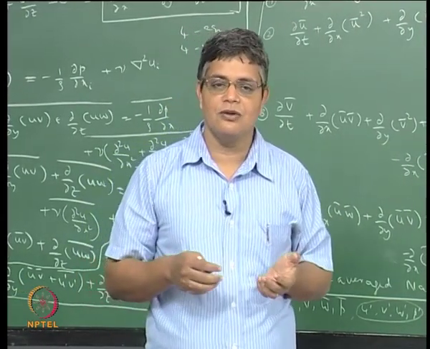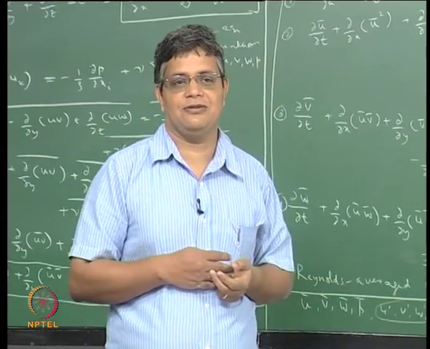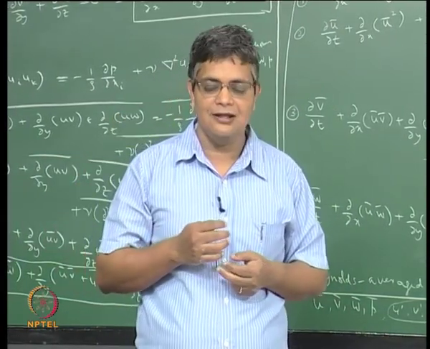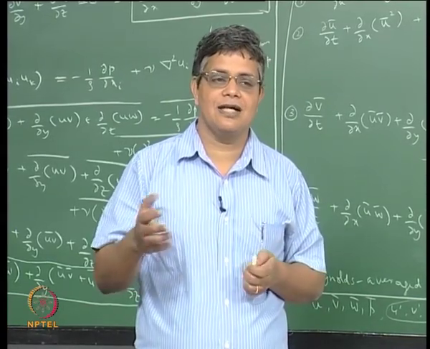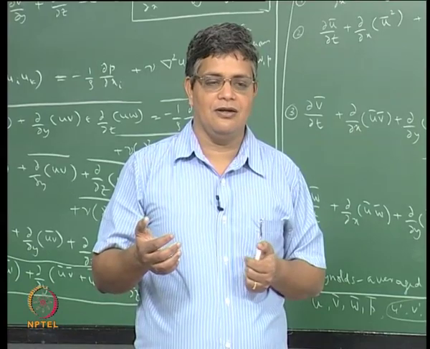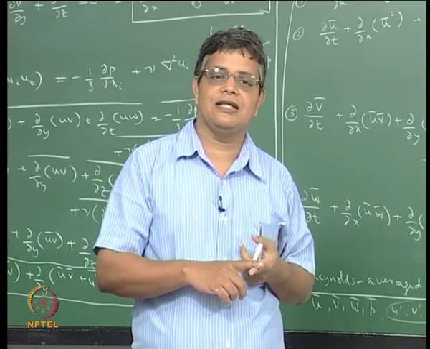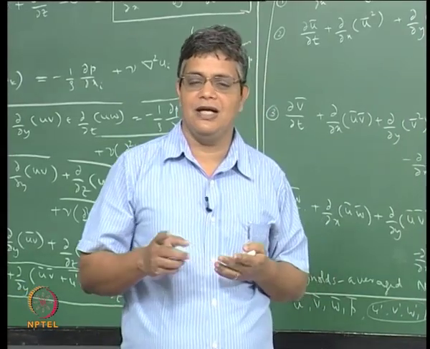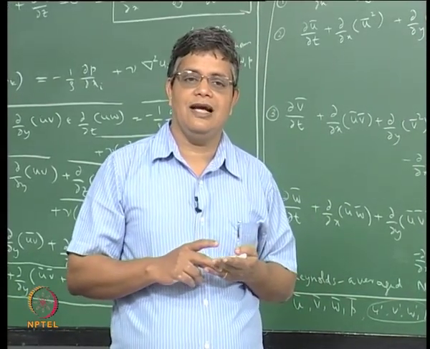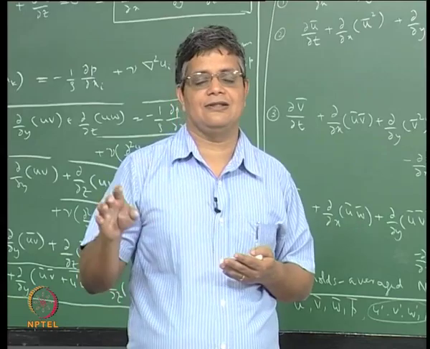So we have 4 equations and 10 variables. So we are back to the earlier specification of the momentum equations, where we started out with 4 equations, the continuity equation and the 3 momentum balance equations, and we had u, v, w and 9 stresses, the sigma ij's.